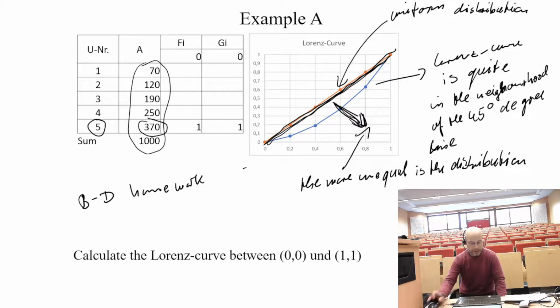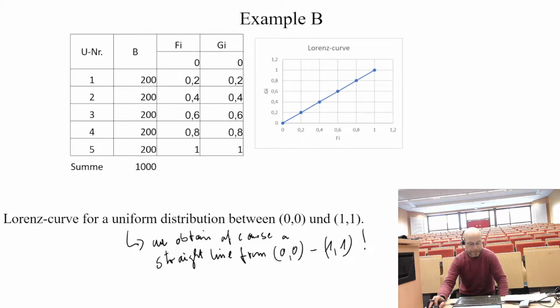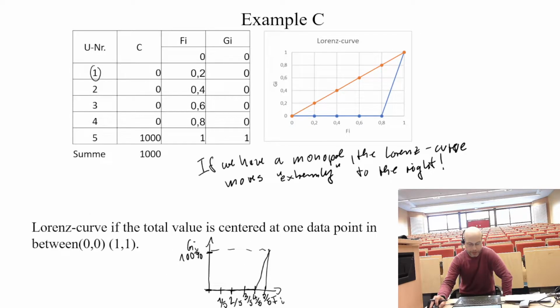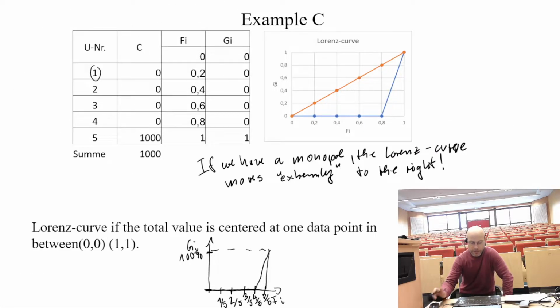And this we did with some examples of distributions, and especially I think it was this one here, where the total market size is accumulated at just one firm, here at firm number 5.